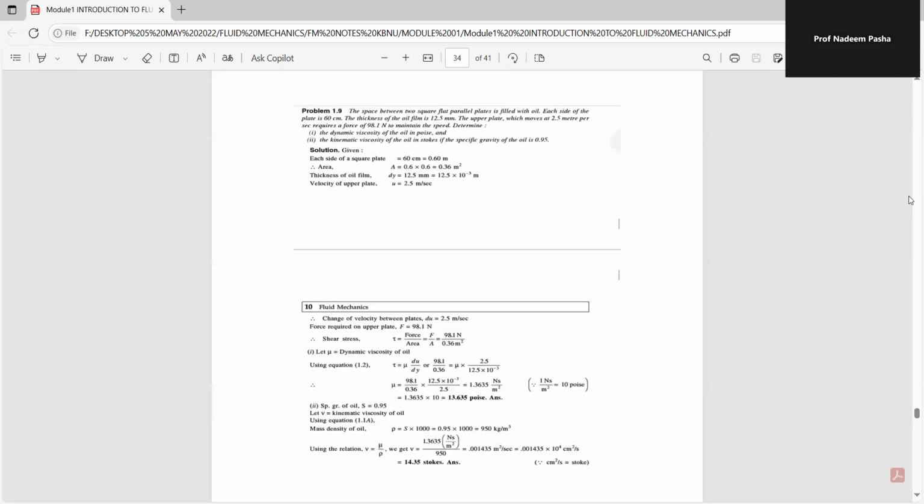Now again, using the relation V is equal to mu by rho, V is equal to 13.635 Newton second per meter square divided by rho, which is 950. If you do the calculation, it comes out to be 14.35 Stokes, because centimeter square per second is equal to Stokes. And in order to convert this into meter square per second, you need to multiply by 10 raised to minus 4.